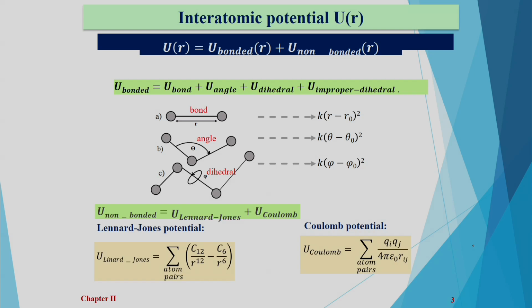So, they go as k(r minus r0) whole square, where r0 is the equilibrium distance, and they can also go as a harmonic function of the angle theta, k(theta minus theta0) whole square, or there could be a dihedral angle which is shown in the figure, and they could go as k(phi minus phi0) square.